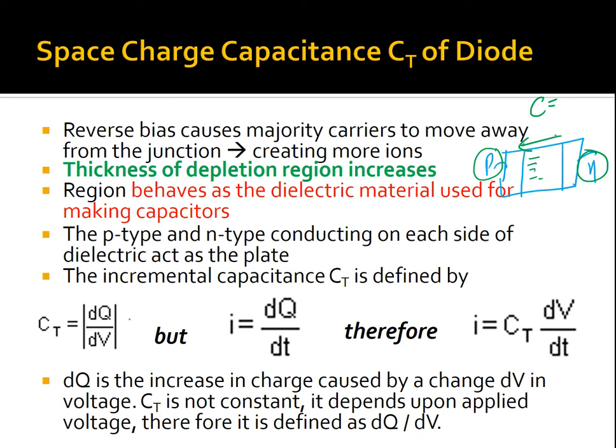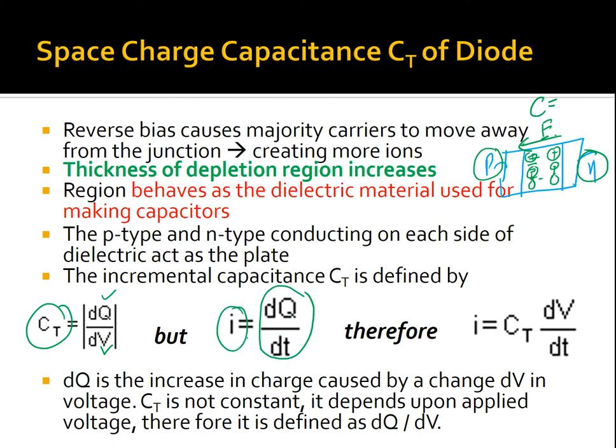We usually model capacitance with the rate of change of the charge. We get positive charges on one side and negative charges on the other, and an electric field. The rate of change of the charge with respect to the voltage is called the surface charge capacitance of the diode. And we know that current is modeled as the rate of change of the movement of charge with respect to time, dq over dt.